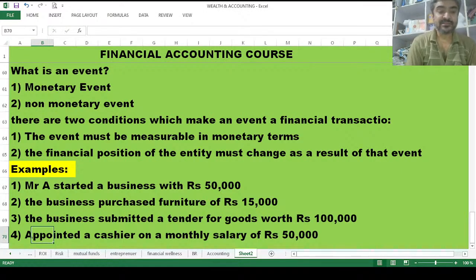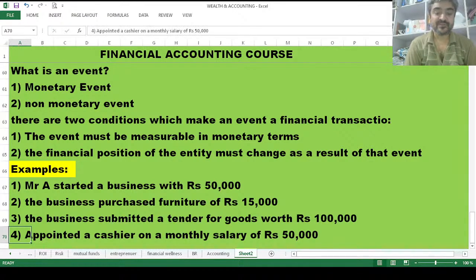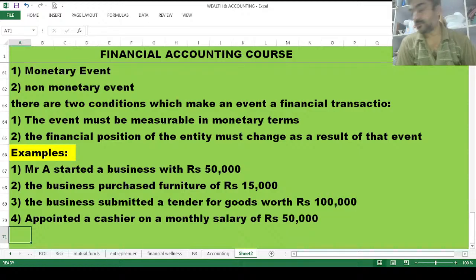This transaction also has a monetary aspect of rupees 50,000, but this also does not change the financial position of the business, as it is merely the appointment of the cashier. The company has not paid him yet. The company will pay him after 1 month of his job. So at this point of time when he or she is appointed, it's not a financial transaction and we are not required to record it in our books of accounts.